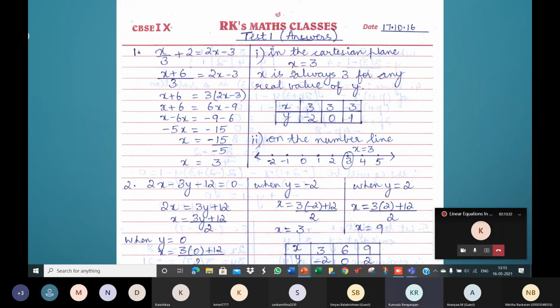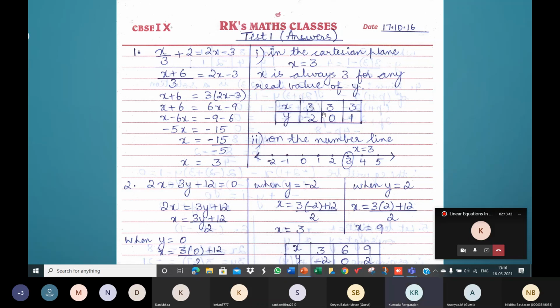I'll just repeat it once again. For those who want to write, can make a note of it. x plus 0y is equal to 3. Give different values for y. Say y is minus 2. Solve and find x. You will get x is 3.